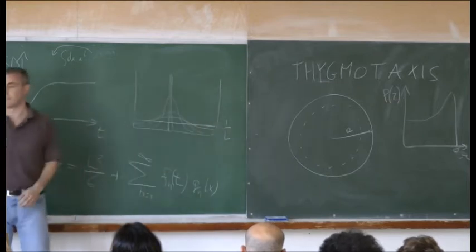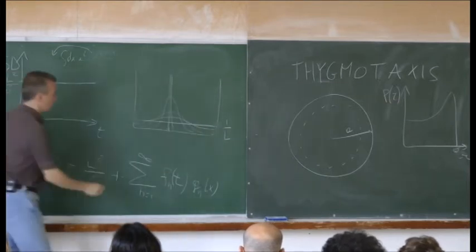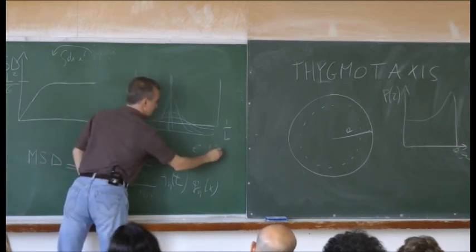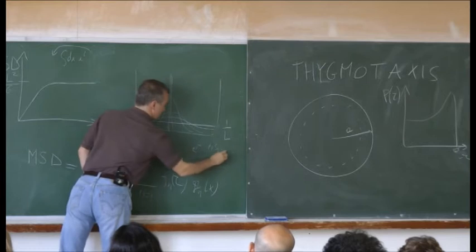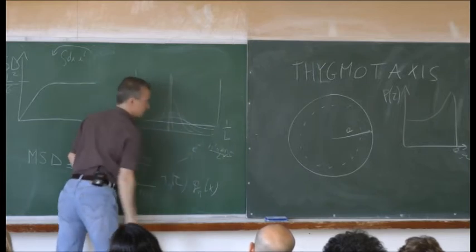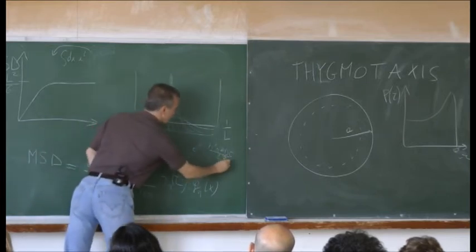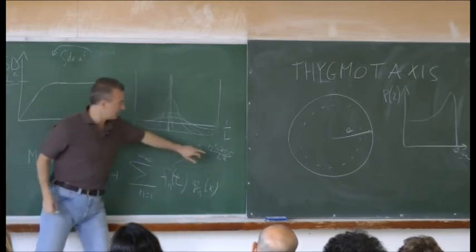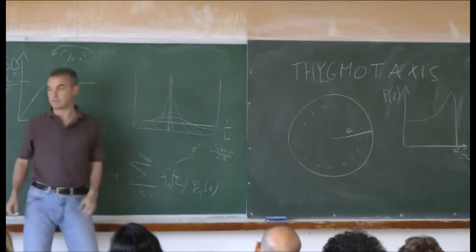Let me not specify what they are. And these are all exponential functions, with a diffusion constant, the size of the box, and n squared pi squared Dt over L squared. So the parameters are here, D and L squared.